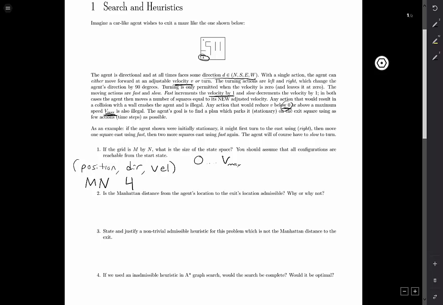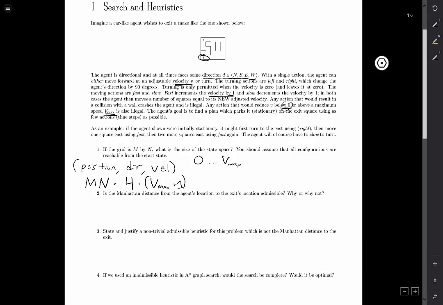We do increments by 1, so that means we can take on Vmax plus 1 values of velocity. So our total state space size is going to be the multiplication of all of these: m n times 4 times Vmax plus 1.